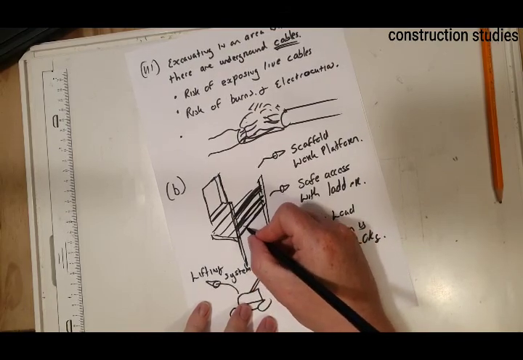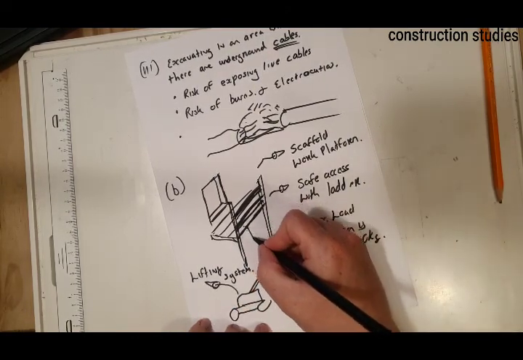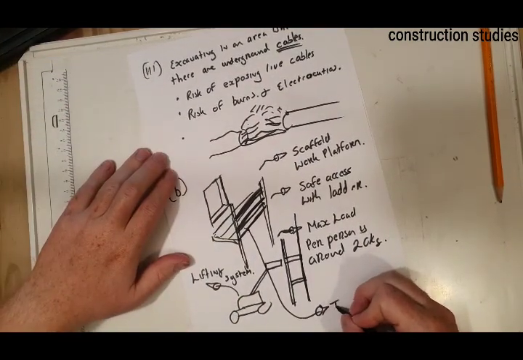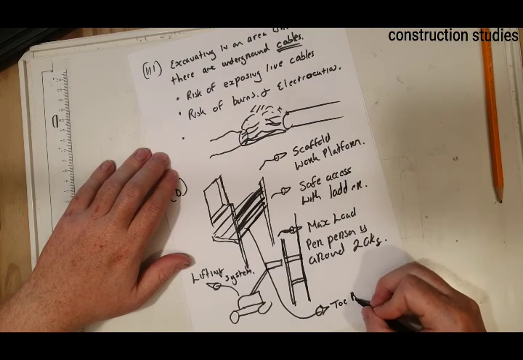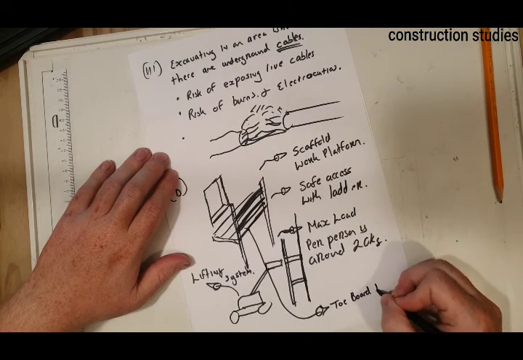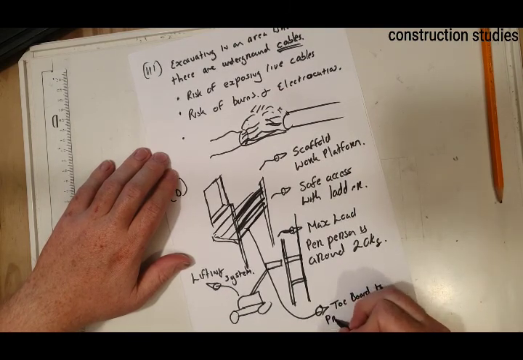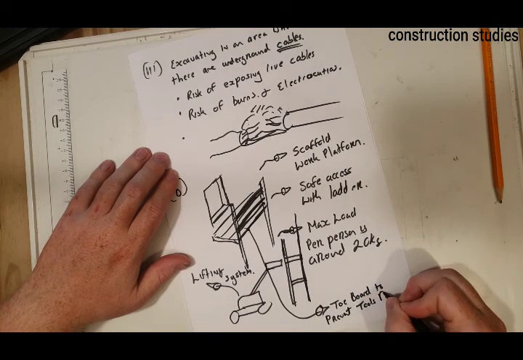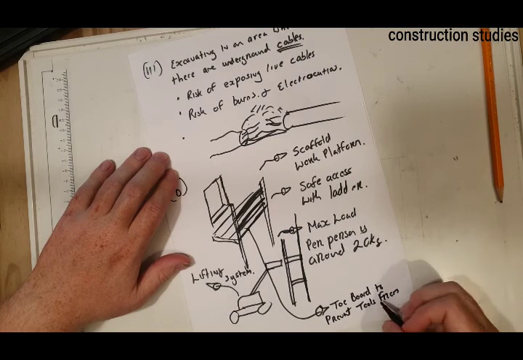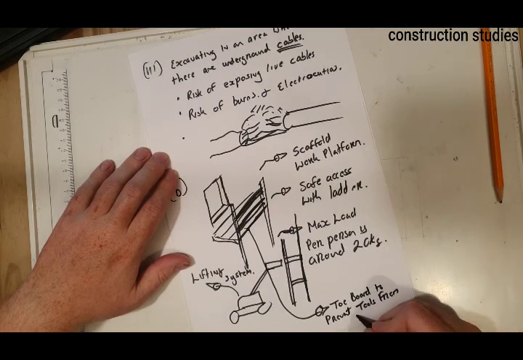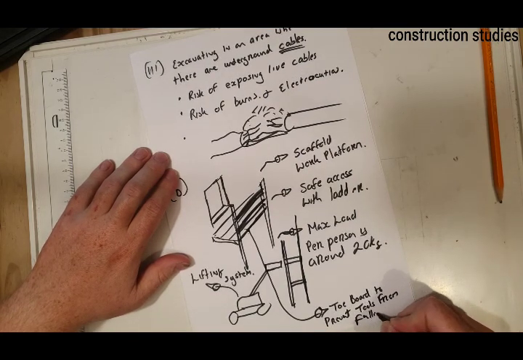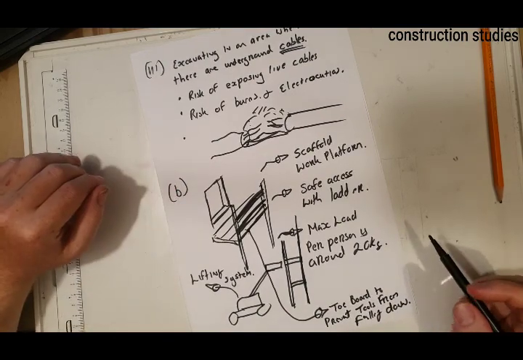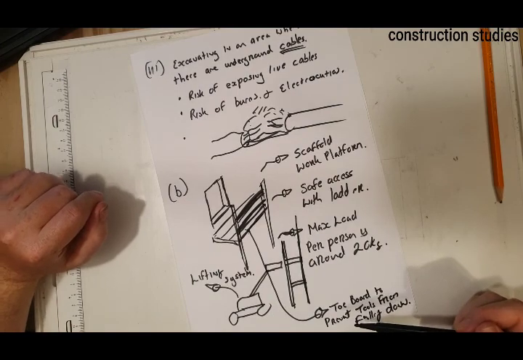The toe board, to prevent what? To prevent tools from falling down. That stops the tools from falling.